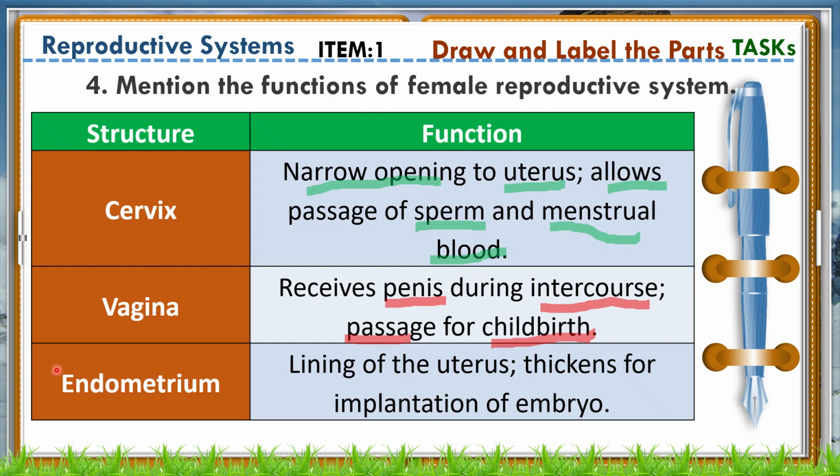We have what we call the endometrium. The endometrium is the lining of the uterus. It thickens for implantation of the embryo.